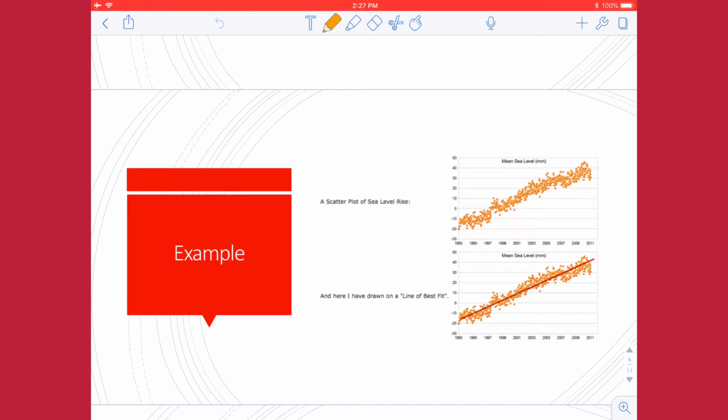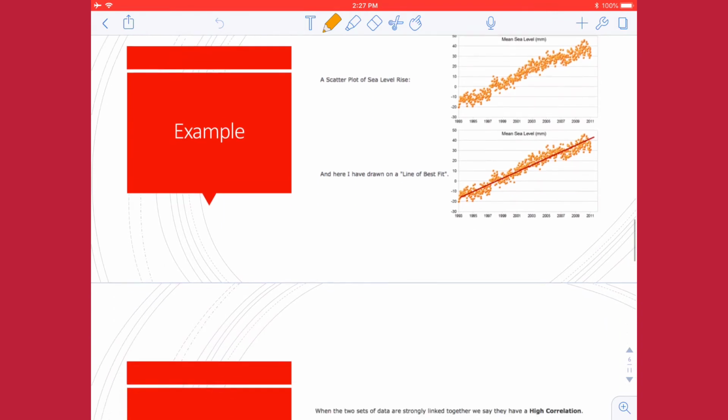So if I have a line, I can give it an equation, and if this line's a good representation of what's been occurring, then I can plug in values that represent the future. In this particular case, I could put in future years and solve that linear equation to figure out what I think the future value will be in regards to the mean sea level.